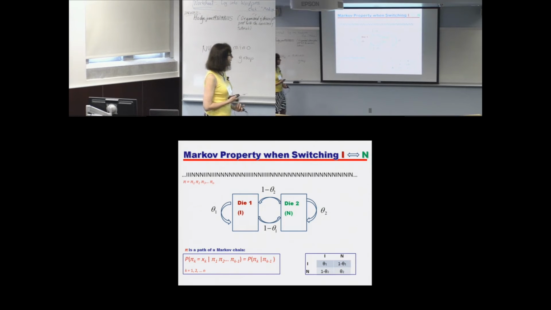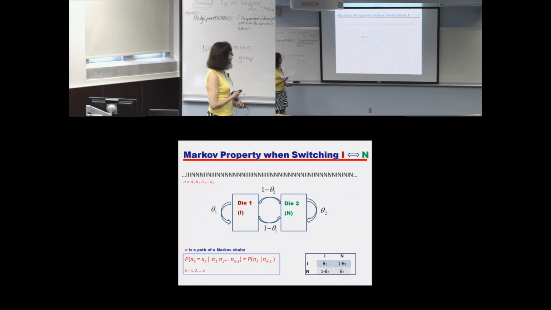Die I is the island die, and die N is the non-island die. They're loaded differently, because the island die has higher frequencies of C's and G's, and the other one has lower frequencies of C's and G's.